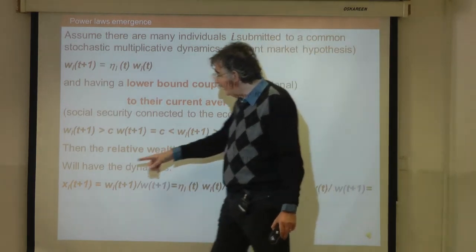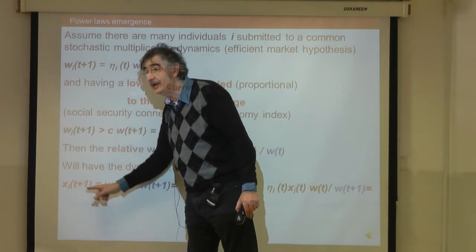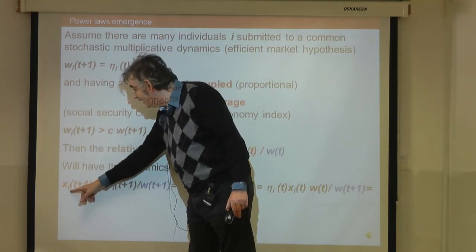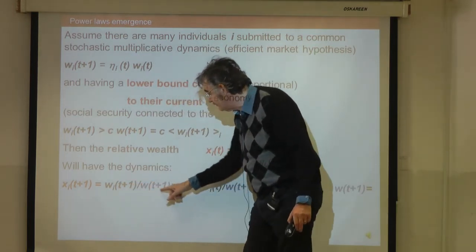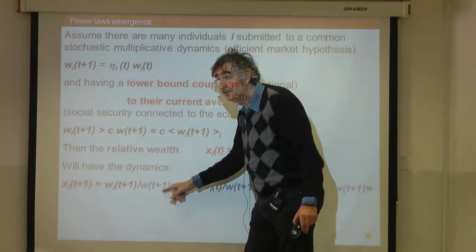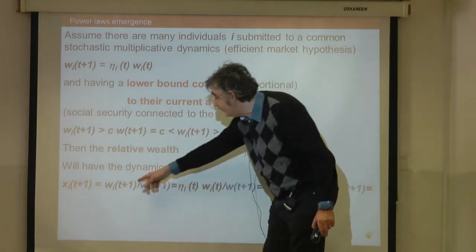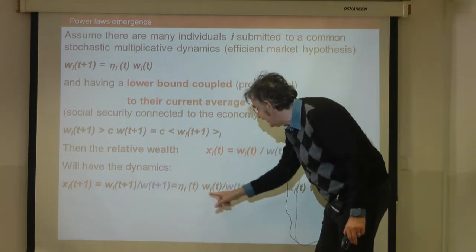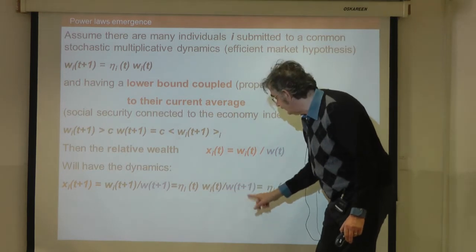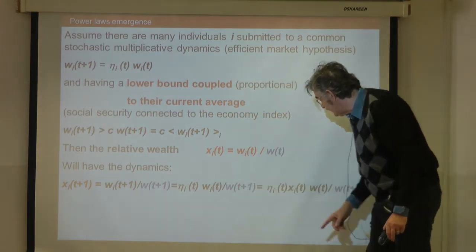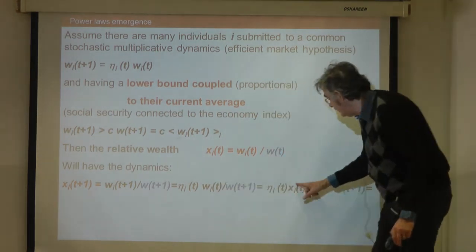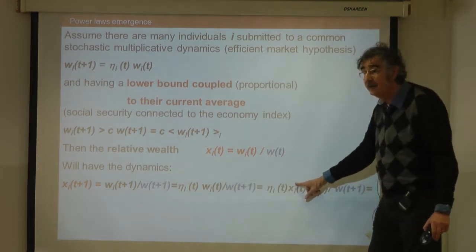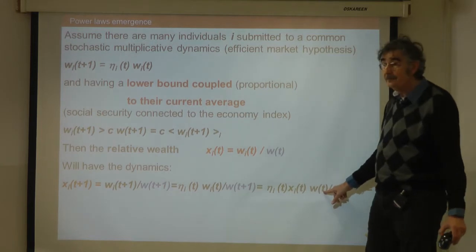Okay. So now xi, when I want to write how xi evolves in time, I write xi of t plus 1 is by definition wi of t plus 1 over w, which is the average at t plus 1. But wi of t plus 1 is eta i wi of t. And w of t plus 1, I leave it like this. But now wi of t, I can re-express in terms of xi as xi times w.